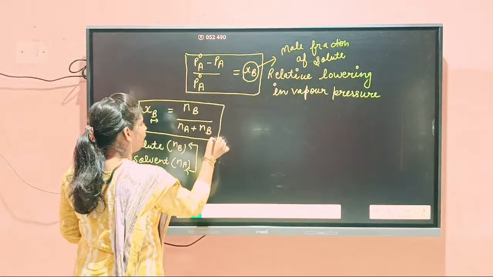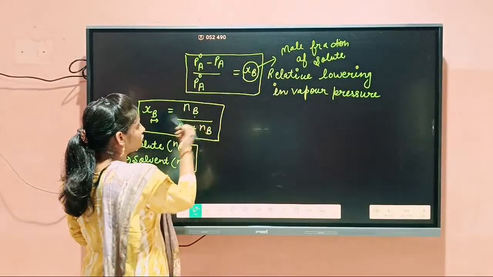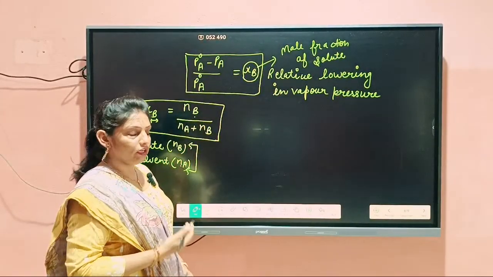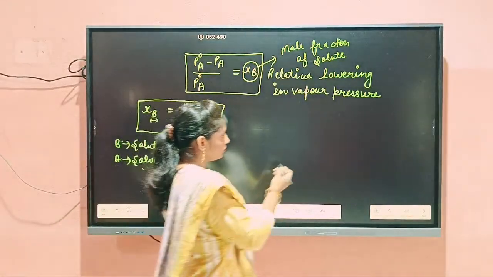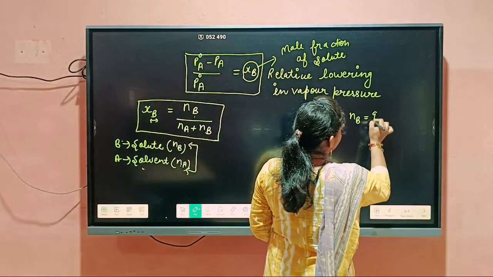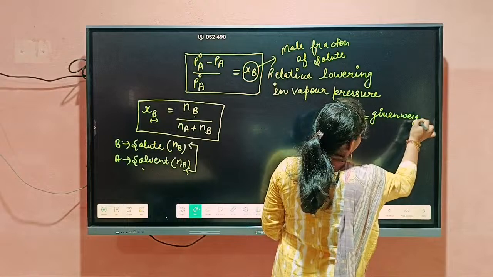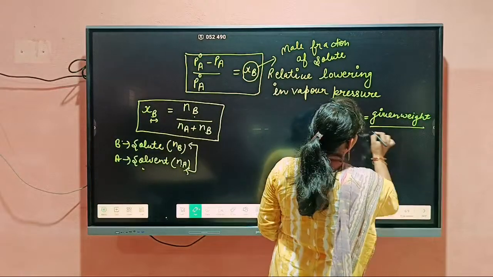But if we have weight only, we can convert this mole into the weight, because we can calculate it this way. Number of moles is equal to given weight divided by the molecular weight.